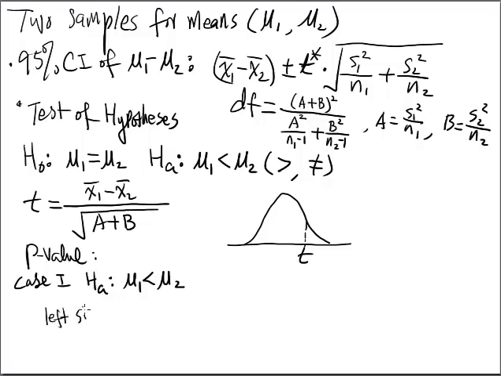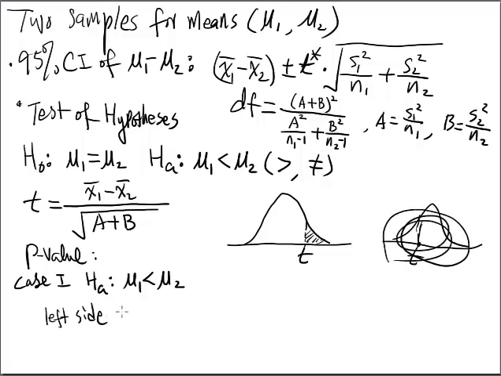But keep in mind the t table gives you the right side. If you have negative t, negative t is here, because the center is 0. So in this situation, you have to use symmetry, alright? So the left side is the p-value.